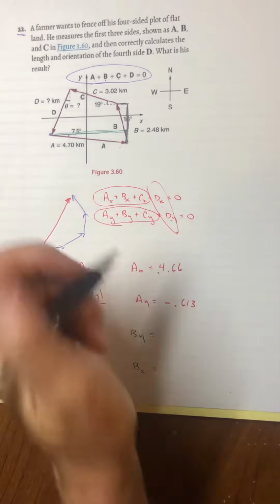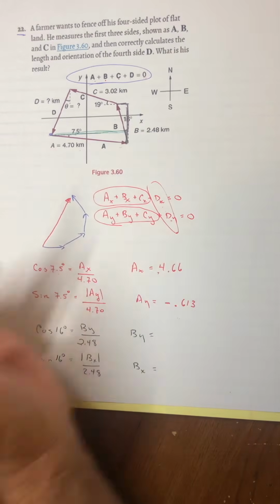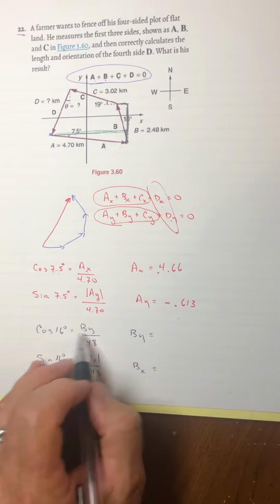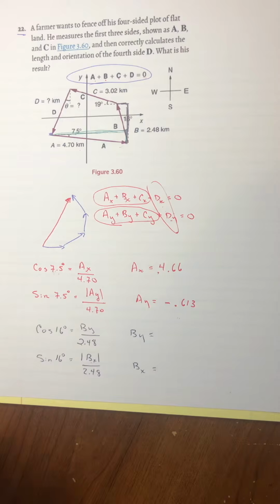But when you switch that role and you start measuring from the vertical, like this 16 is, then the adjacent one is actually the y component. And the opposite one is the x component.